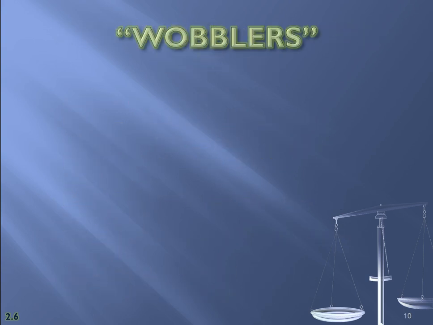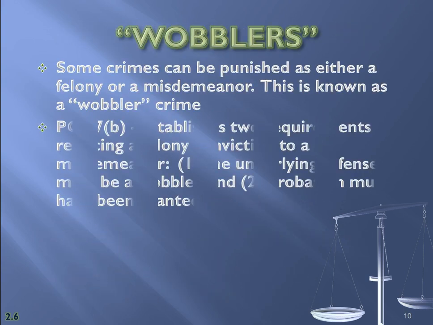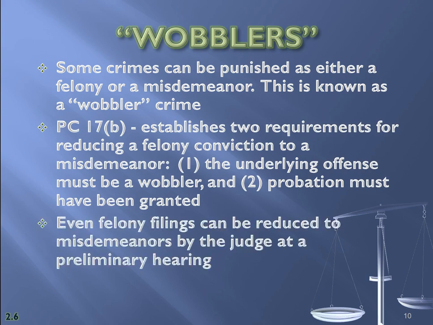So moving on now, while we know the classifications of crimes are felonies, misdemeanors, and infractions, there are in fact some that they call wobblers. Some of these crimes provide for an alternative sentence. They are punishable either as a felony or a misdemeanor, and they're called wobblers.